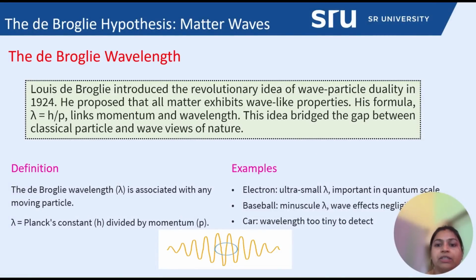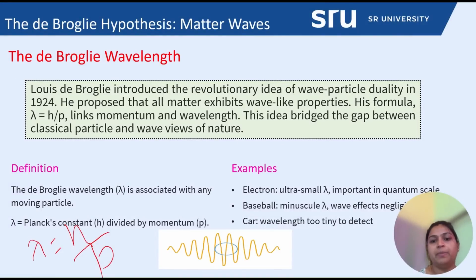This idea bridged the gap between the classical particle and wave views of nature. So the de Broglie wavelength associated with any moving particle, with Planck's constant h, is lambda equal to h divided by p. Basically lambda is equal to h by p.